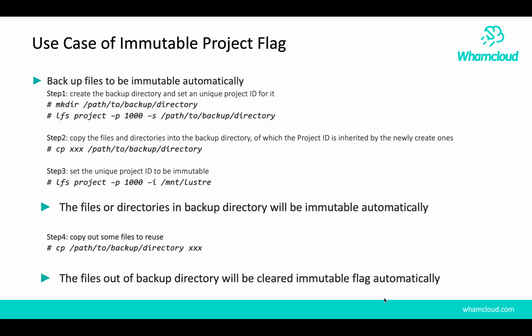In the future, if some backup files are needed for recovery, they can just be copied out of the main backup directory. After the file or directory is copied out of the main backup directory, its immutable flag will be cleared automatically because their project ID is different.